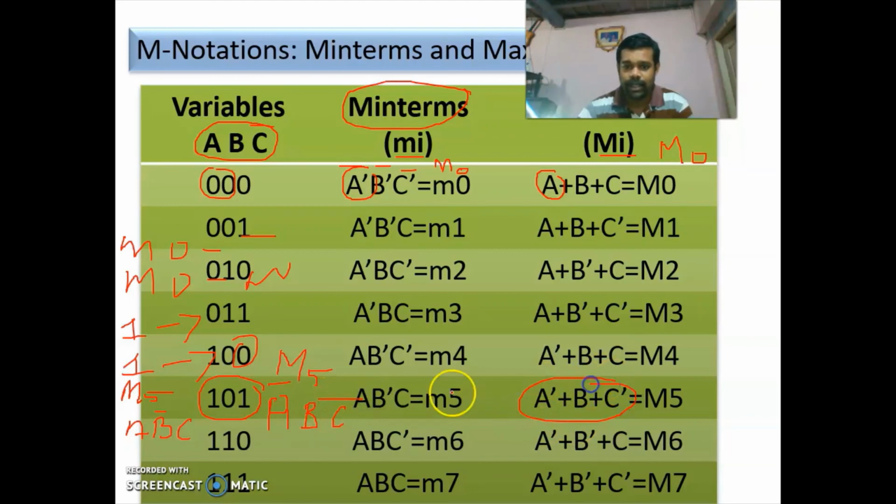So this one and this one. That is how to write the max terms and min terms.